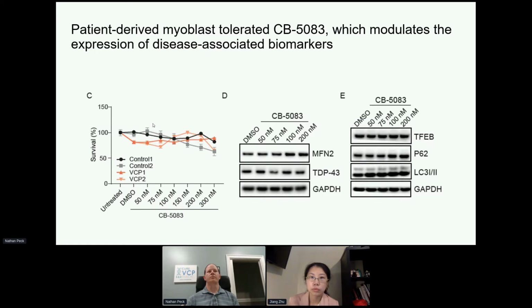And when we incubated the cells with CB for 4 to 5 days, we found that mitofusin 2 is steadily increased, because it was known that mitofusin 2 is negatively regulated by VCP. And in addition, we also see upregulation of P62 and LC3 with increased dosage of CB5083, suggesting that CB5083 in our cell line does modulate autophagy pathways.